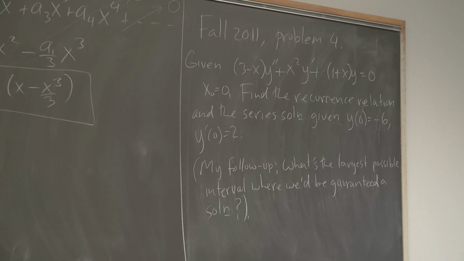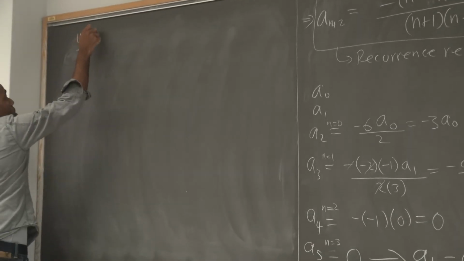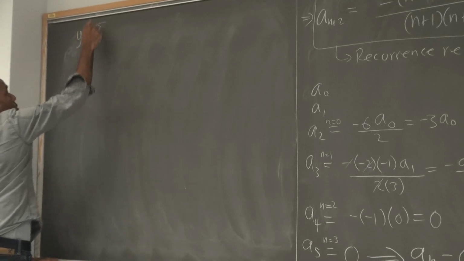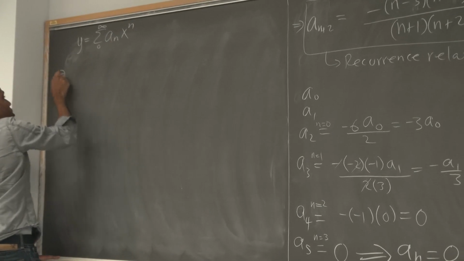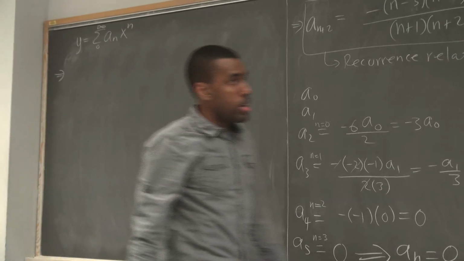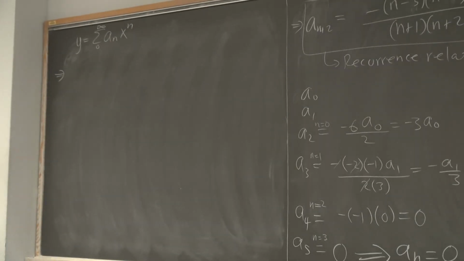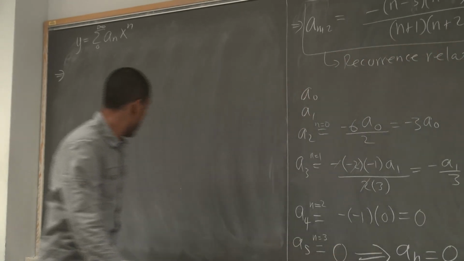So we assume y is equal to the sum from 0 to infinity of a n x to the n. This means we're going to start plugging this in. Remember, I'm going to think of this separately, 3y double prime minus xy prime.